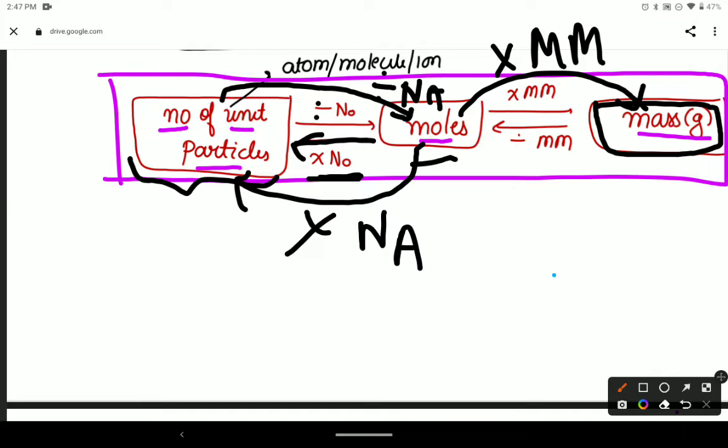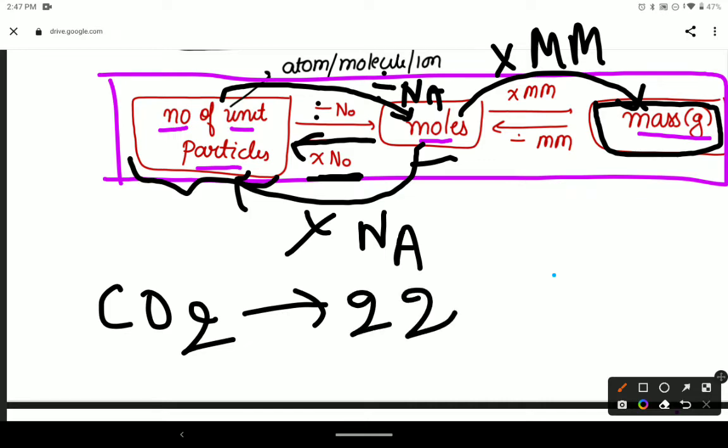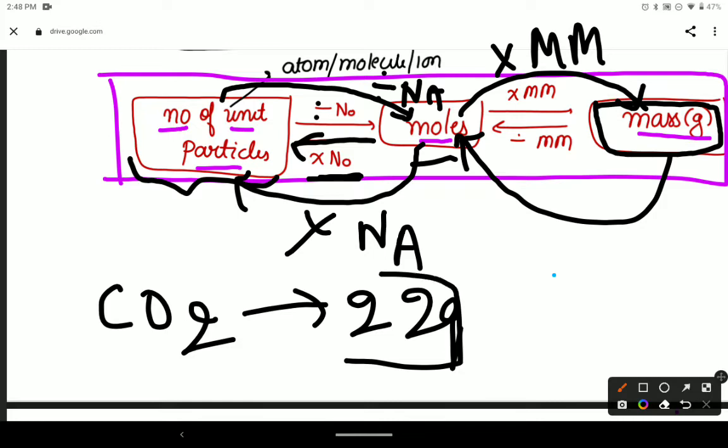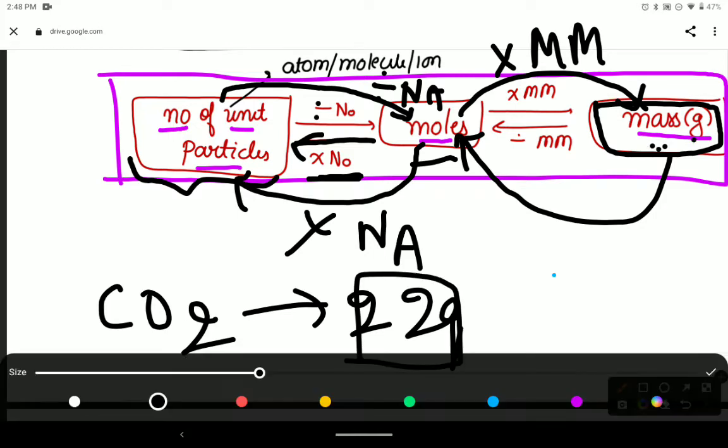But we may be given some cases. See, we got CO2 in that question. In that question we were given 22 grams taken. We were asked to find the number of moles. Then what should we do? We were given 22 grams, which is mass. See, mass was given here, see the blue color where I am circling it.